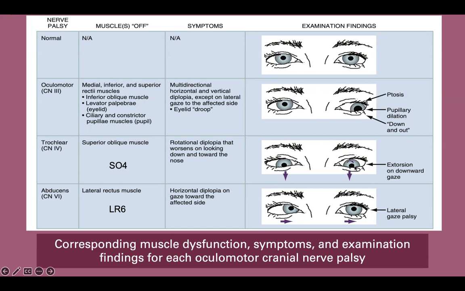In the trochlear nerve palsy, there is extrusion while the patient is directing his vision downward. And in the lateral rectus or abducens nerve, number 6, palsy, there is failure of lateral gaze, so the diplopia will be augmented in this direction.